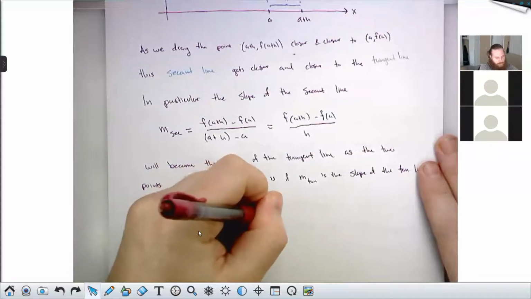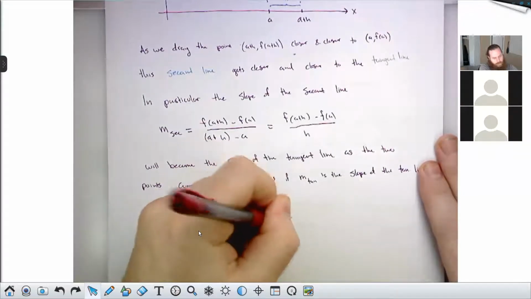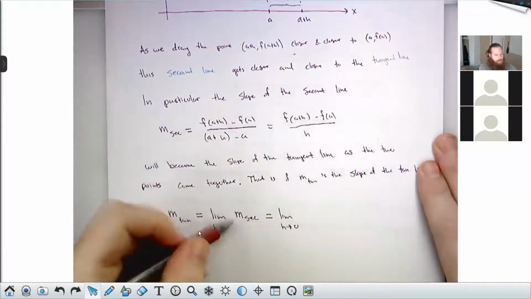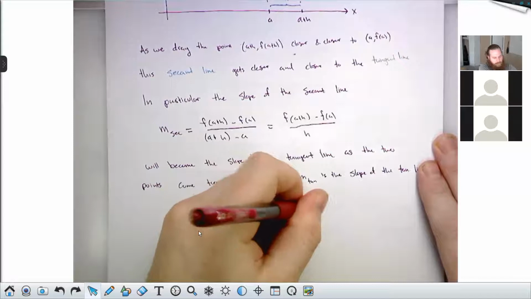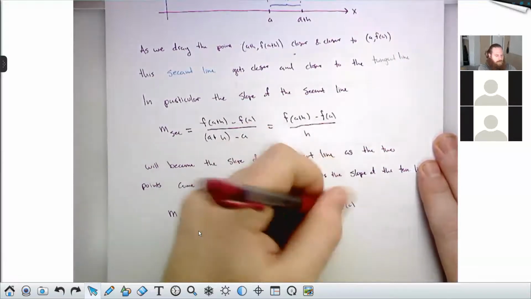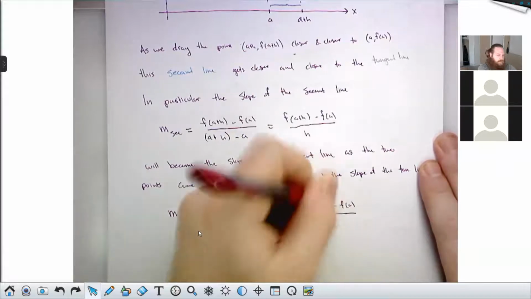Now, we have a formula for the slope of the secant line. So this limit is this limit, but the slope of the secant line is f of a plus h minus f of a all over h.